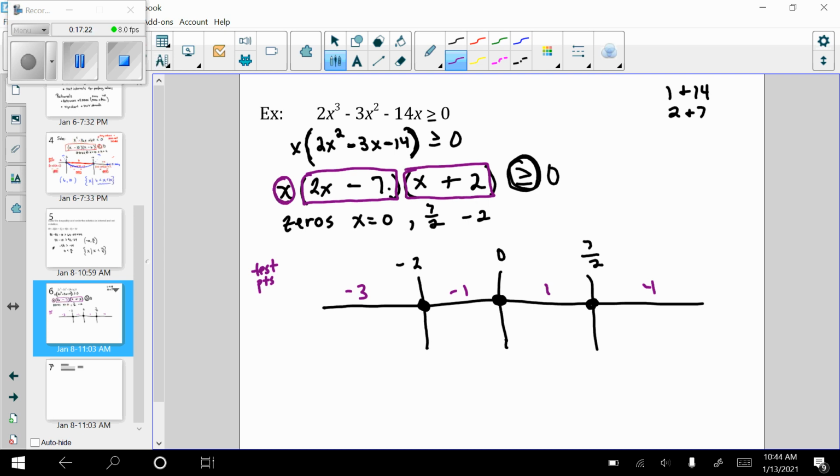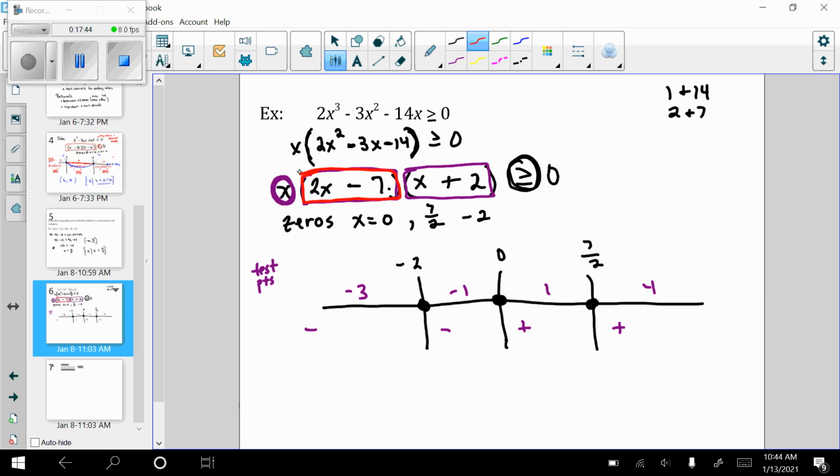Okay, so for this one, actually I'll go through and do these in color for you. So I'll do the x coordinate in purple. Okay, so if I put a negative 3 there, I have a negative number here, a positive number, and a positive number. Okay, so all I was doing there was substituting in to the value of x.